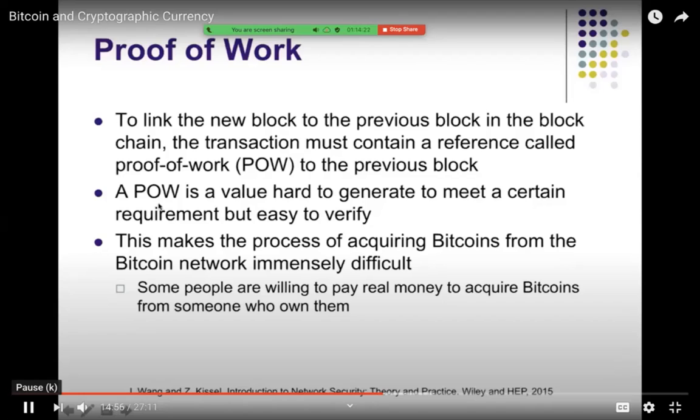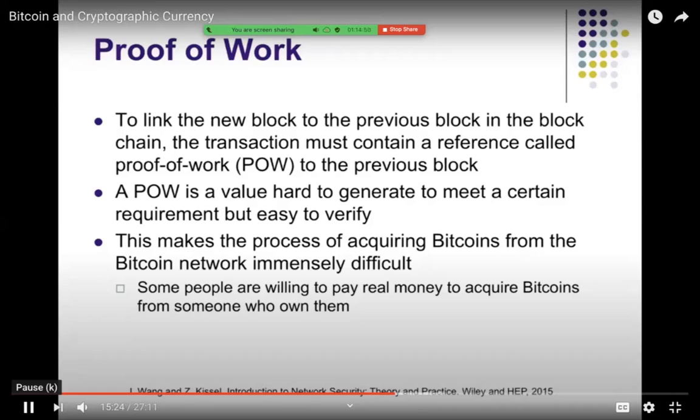A proof of work is a value that is very hard to generate to meet a certain requirement, but very easy to verify. Because it is very hard to generate, it makes the process of acquiring Bitcoins from the Bitcoin network immensely difficult.